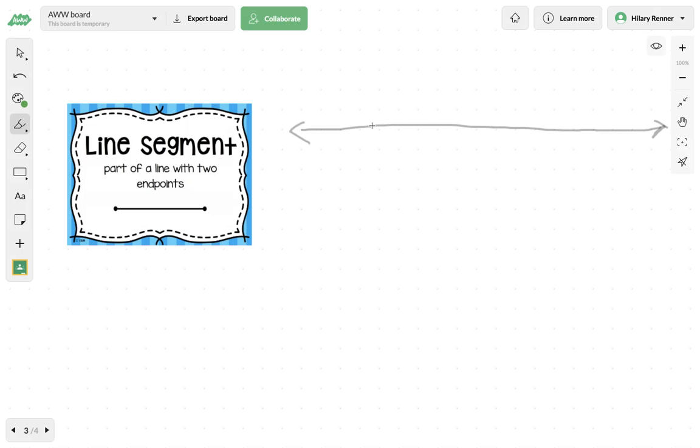So on this line, I want the segment just to be highlighted from here to here. Just that part of the line is AB, and we call that a segment. So if I were to redraw just AB right here, it would just be the 2 endpoints. Those are our stopping points. AB.